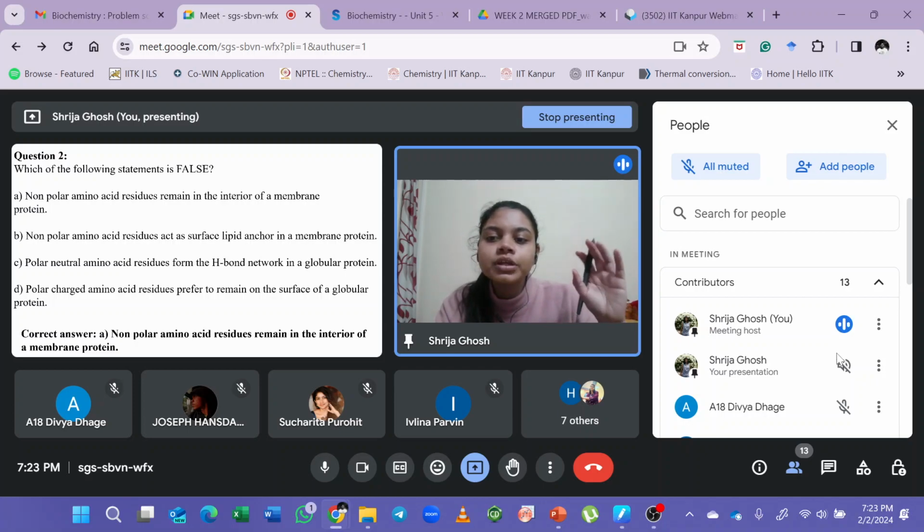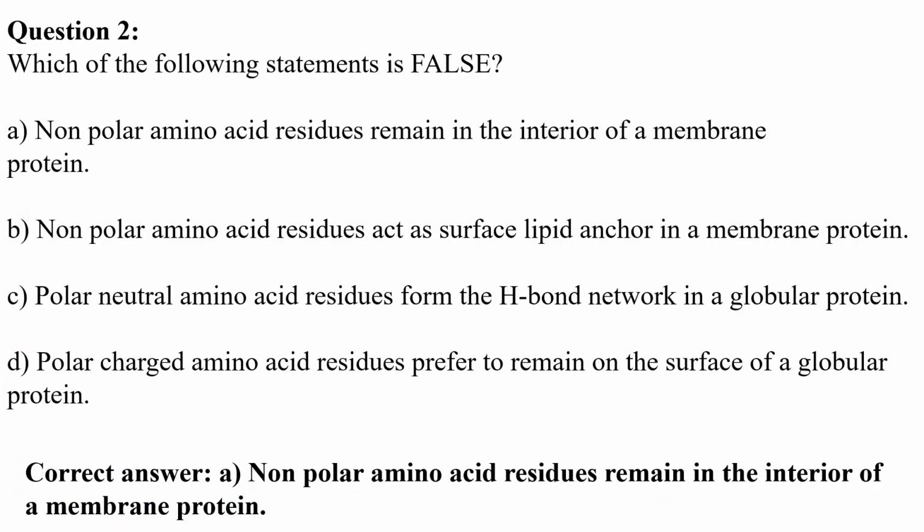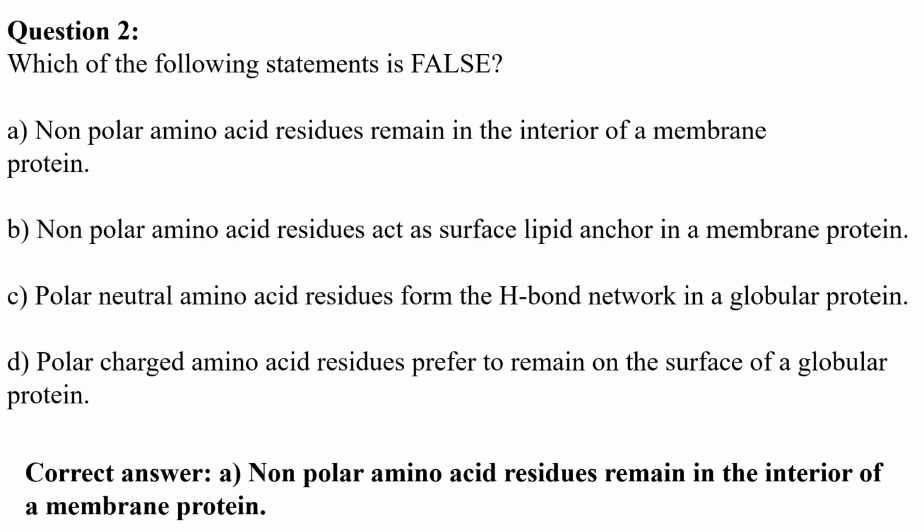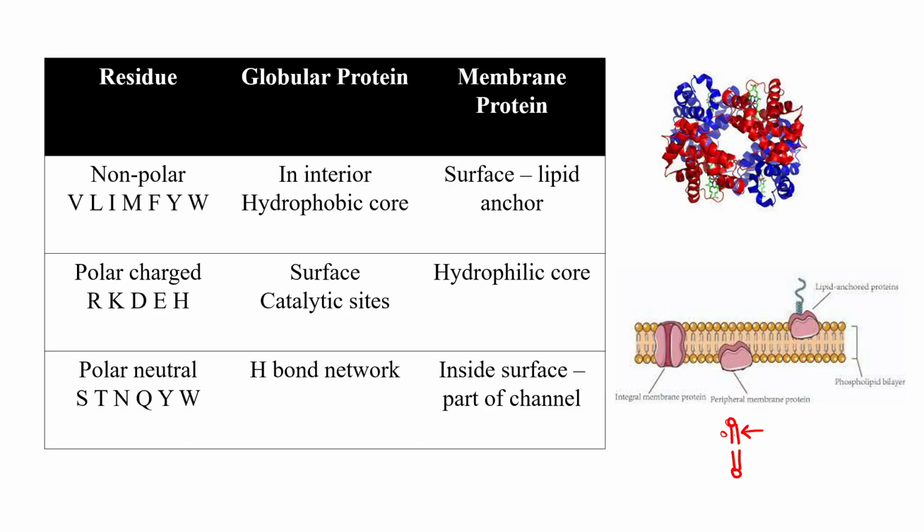So only option A. Option A is non-polar amino acid residues remain in the interior of the membrane protein. That is wrong, because as I have explained, the interior of the membrane is basically hydrophobic. So the membrane protein will have non-polar amino acids on the outer side and polar amino acids towards the inner side.